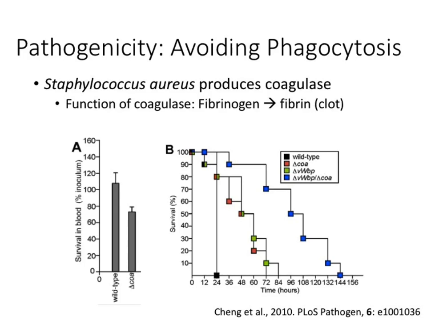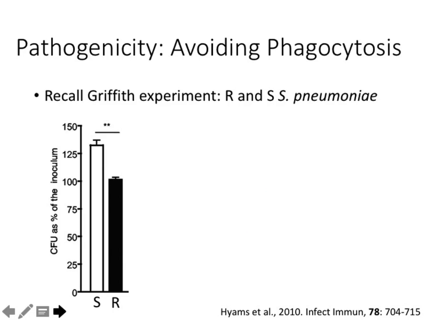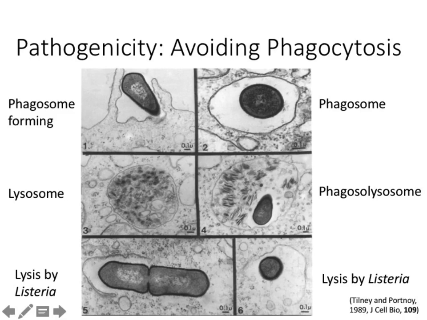Let me give you one more example that kind of follows the same path, and we'll leave it. There's a third one that I want to talk about, but I think we'll save that for Wednesday. You may remember when we talked about horizontal gene transfer, this experiment where Griffith takes rough and smooth Streptococcus pneumoniae, and he exposes mice to them.